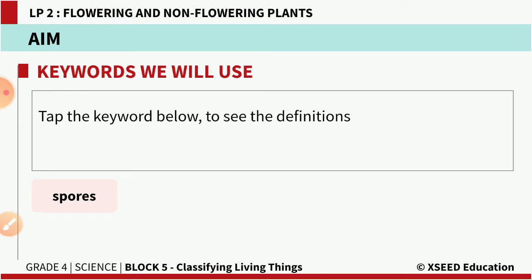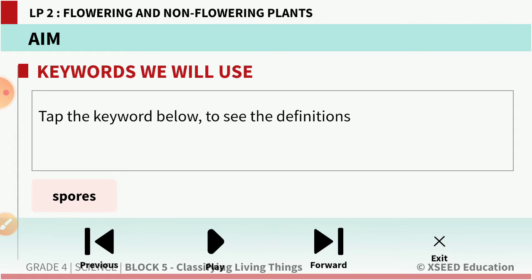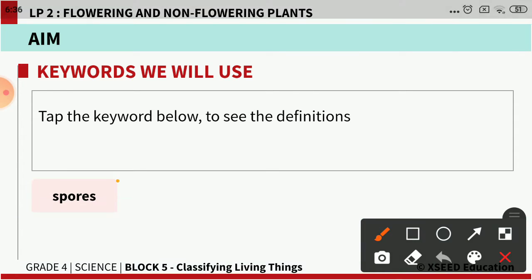In today's class we are going to learn about the main keyword, that is spores. So what are spores? Spores are the reproductive parts that are seen in the non-flowering plants, especially in the fern plant.